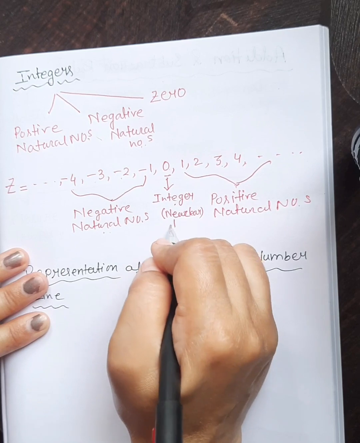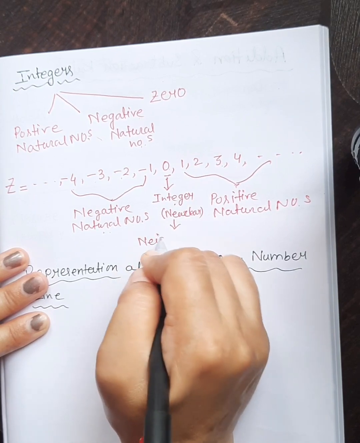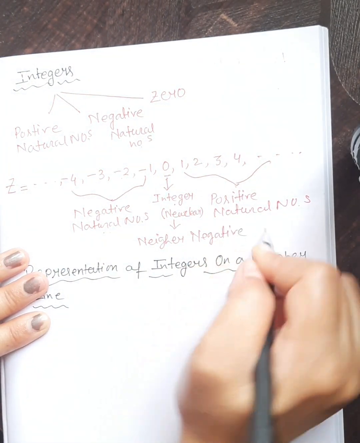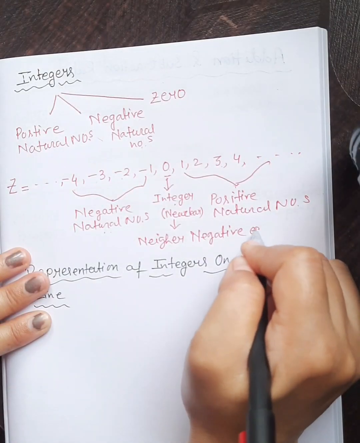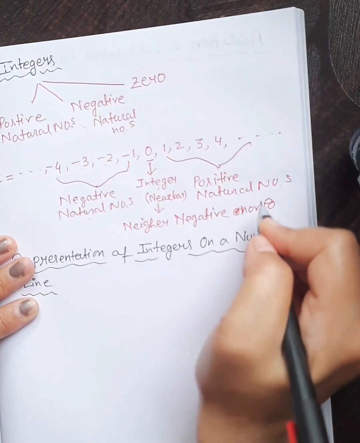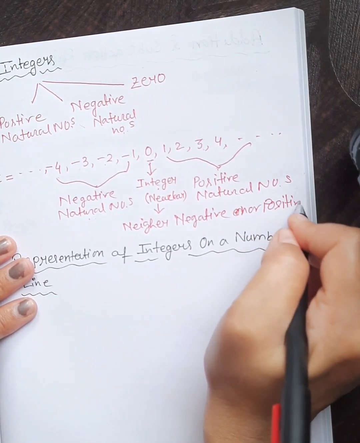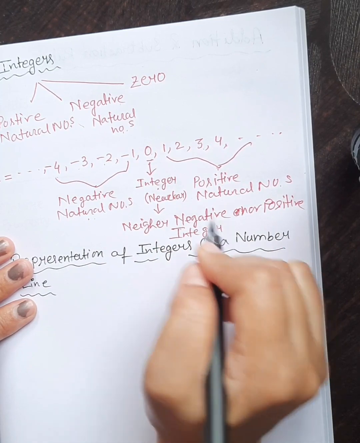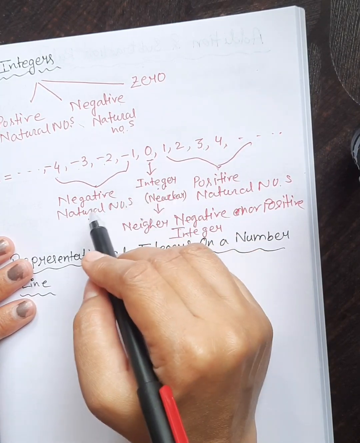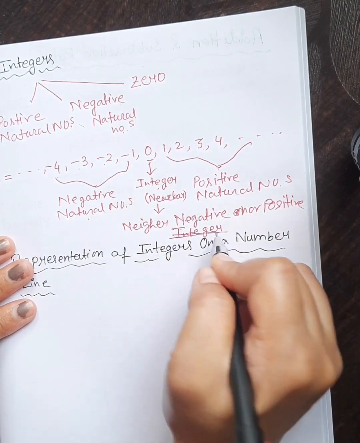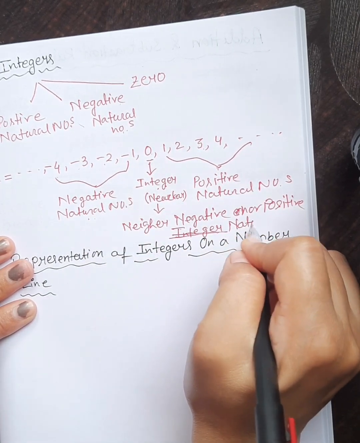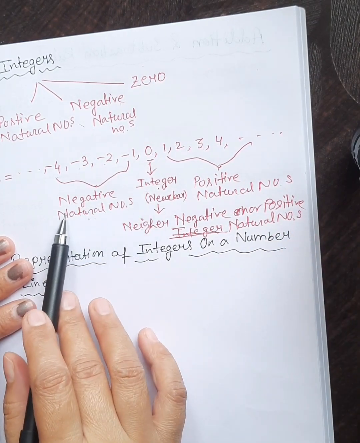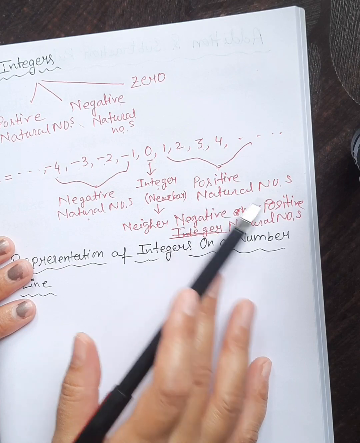Zero is neither a negative nor a positive integer. 0 is an integer, but it is neither a negative natural number nor a positive natural number.